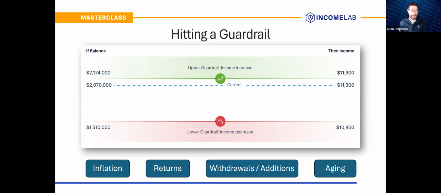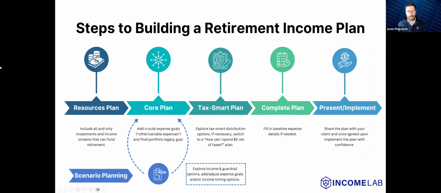If they still have $2 million 10 years from now, that $11,300 is a lot less risky than it was 10 years before, right? Because they're funding a shorter lifespan. So any of those things, it's the combination of all of them that gives you the guardrails and causes you to hit one of them. So it's not necessarily one thing. It'll depend on the plan itself.